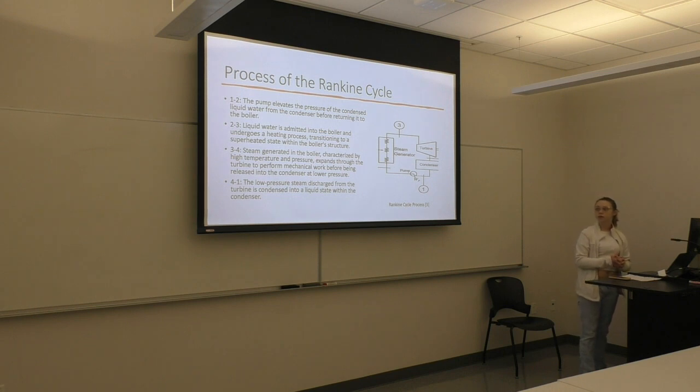From 3 to 4, steam generated in the boiler, characterized by high temperature and pressure, expands through the turbine to perform mechanical work before being released into the condenser at lower pressure. From 4 to 1, the low pressure steam discharged from the turbine is condensed into a liquid state within the condenser.